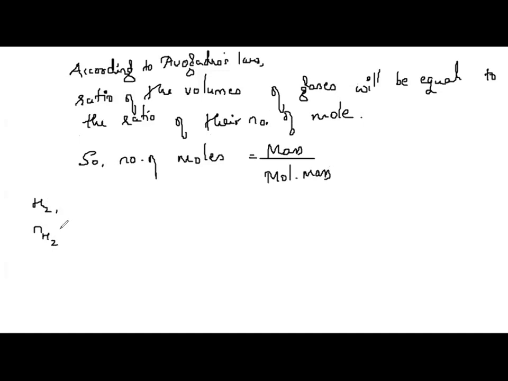Number of moles of H2 gas is, I don't know the mass, W divided by the molar mass of hydrogen, which is 2. Number of moles of O2 is W divided by 32. And number of moles of CH4, the mass is not given, so it is W divided by 16. So what is the ratio?